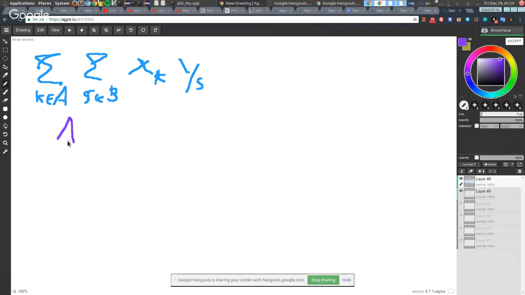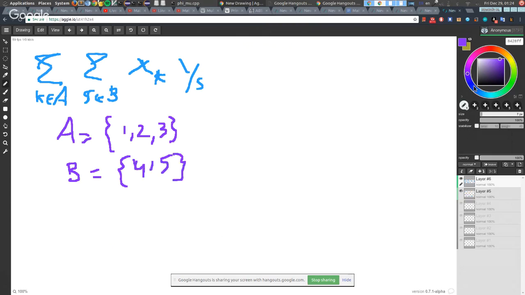Now we can say, for example, that A is 1, 2, and 3, and B is 4 and 5. So here we'll see that this summation tries to make all the possible pairs from A and B.